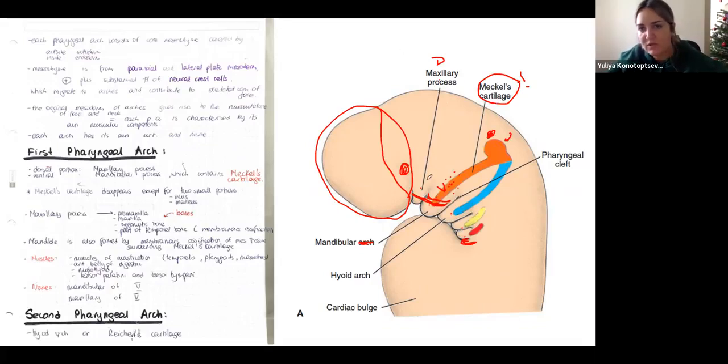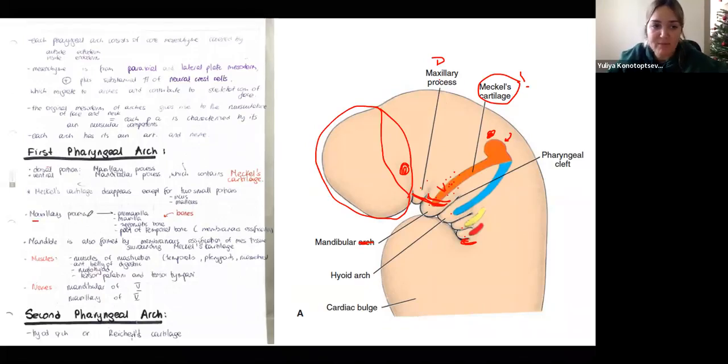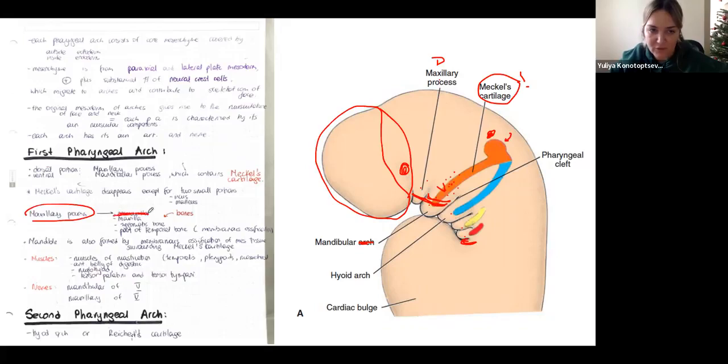What about maxillary processes and Meckel's cartilage, right? And mandibular processes, what are they going to give rise to? Maxillary process will give rise to the following things. You can cross out premaxilla, it doesn't give rise to it. So maxillary processes will give rise to maxilla, zygomatic bone, and part of the temporal bone.